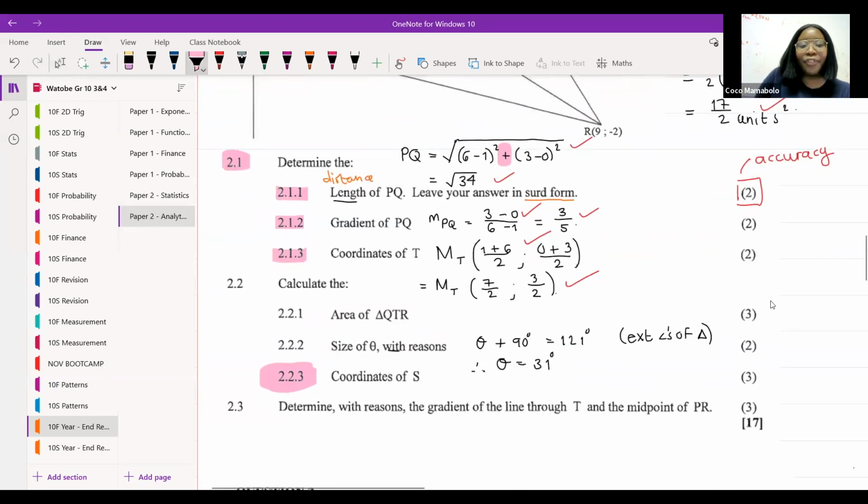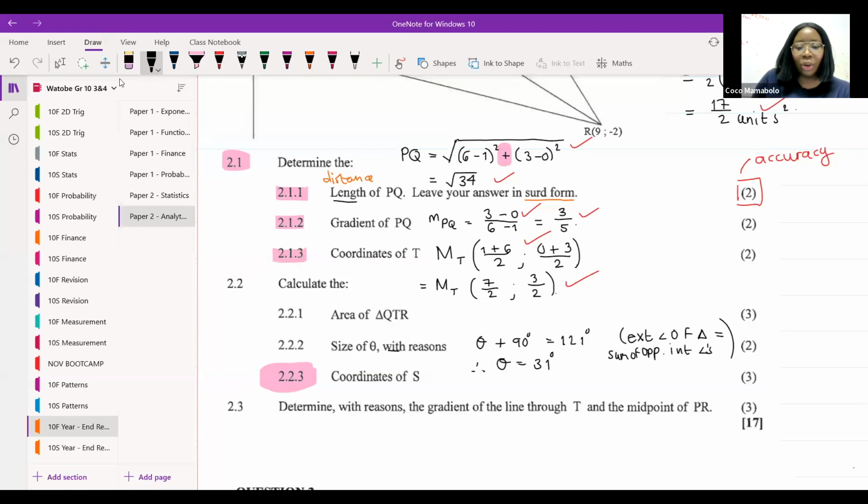The full reason is: exterior angle of a triangle is equal to the sum of opposite interior angles. That's the full reason.